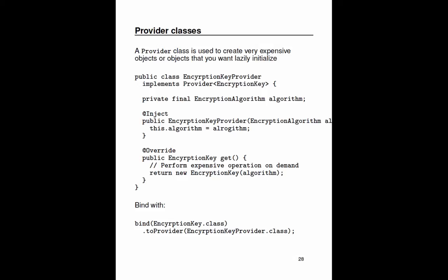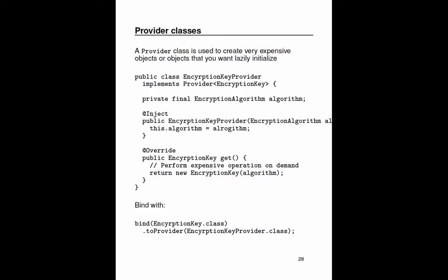So until I create some object that depends on an encryption key, I don't want to create it. So that's a good point. I don't know if I mentioned this or not, but when your application starts up, when your main starts up and you create your injector from your module, Juice will go create all the dependent objects and wire everything.